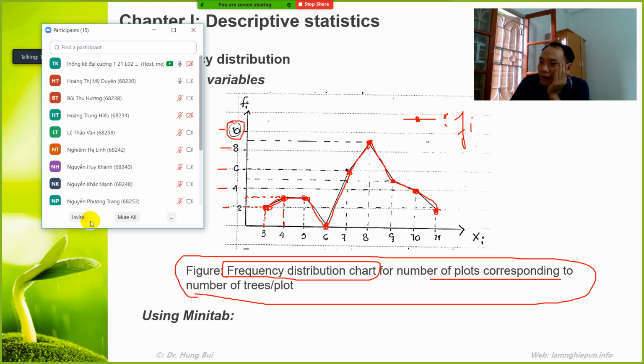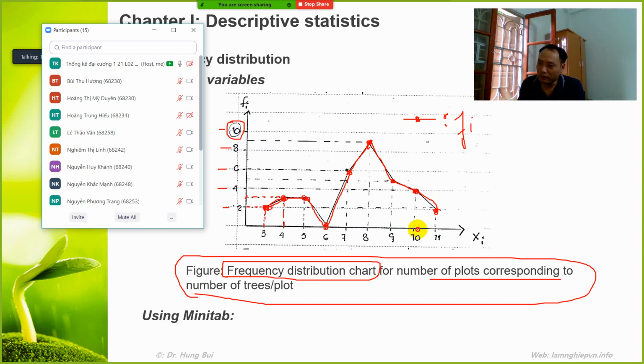Okay. Trang. Nguyễn Phương Trang. How many plots having 10 trees?